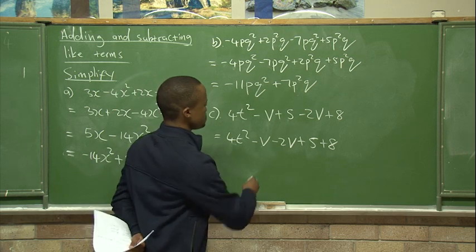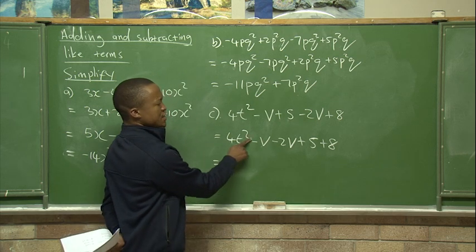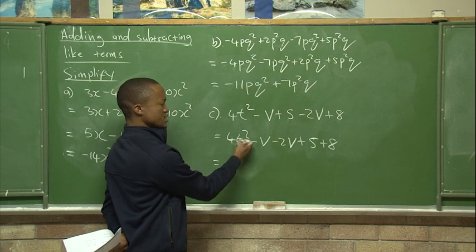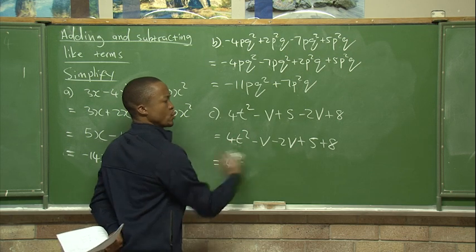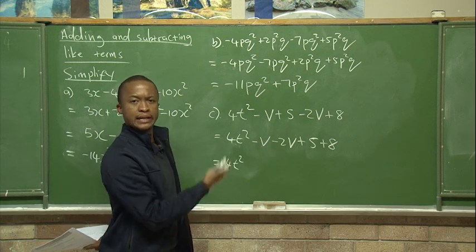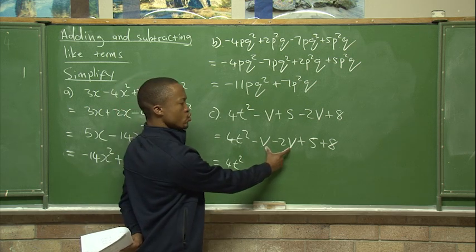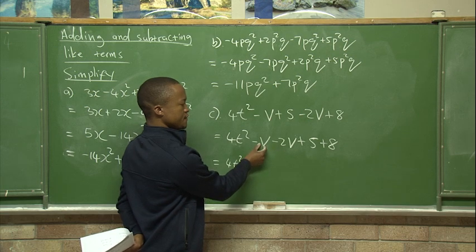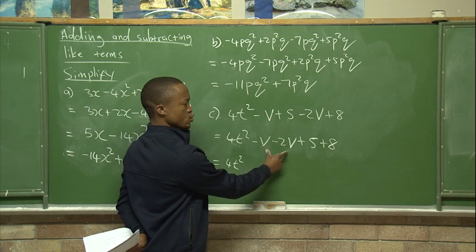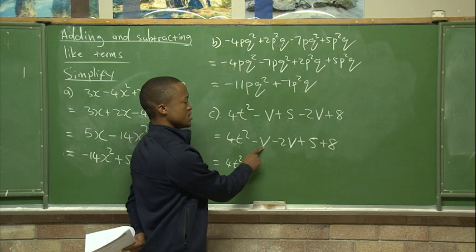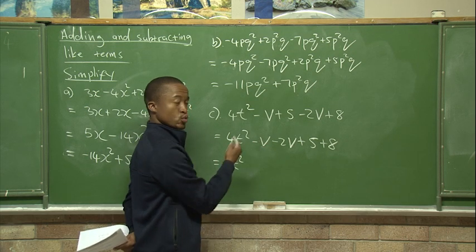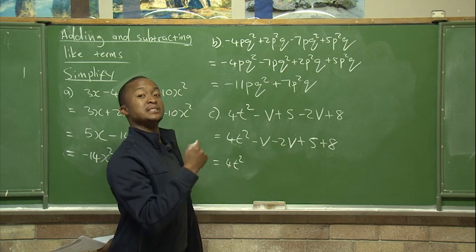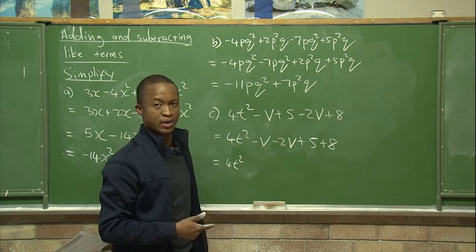So because there's nothing we grouped 4t squared with, we still write it because we can't add or subtract 4t squared to any other term. It will remain as it is. However, the two terms here, we have negative v minus 2v, which we can subtract. Remember, what's the coefficient of v? It's actually negative 1. So if the 1 is not written there, it's implied that we have 1 there.